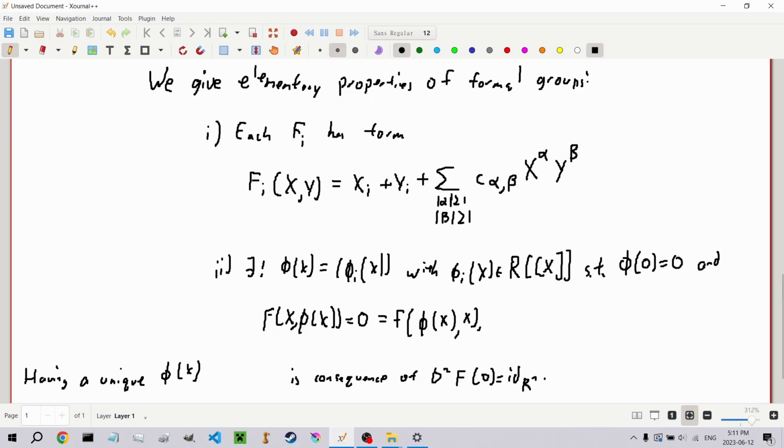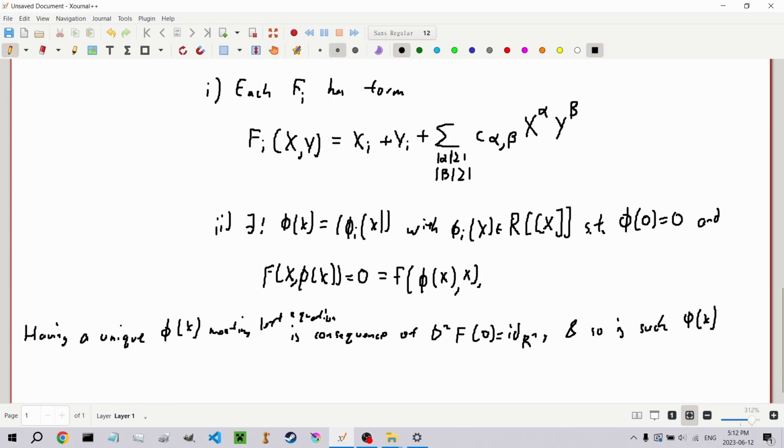Yeah, so I've got to decode here what exactly is written. I think this is meeting the left equation, that is F(x, phi(x)) equals 0. And so is such a c(x) meeting the conditions in the right equation.